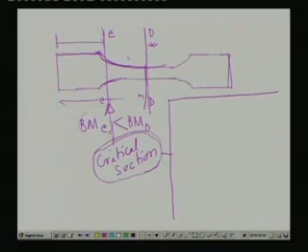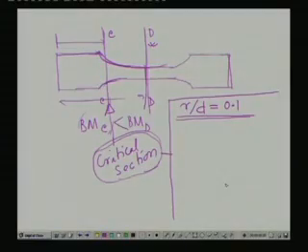Here it is given that the R by D ratio is 0.1, and for R by D ratio 0.1, if we consider the design data book chapters, then you can easily find out from the graphs that KT comes out to be something like 1.72.